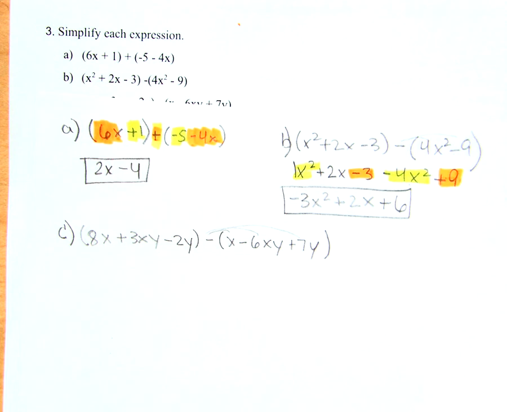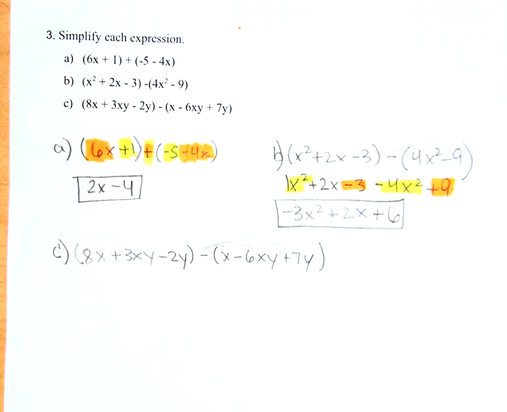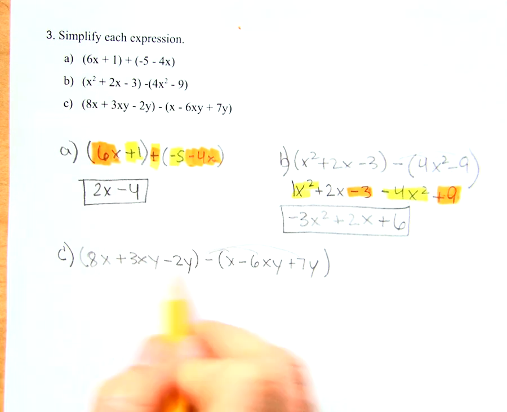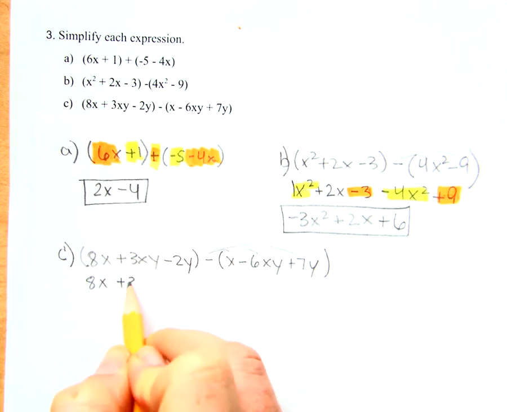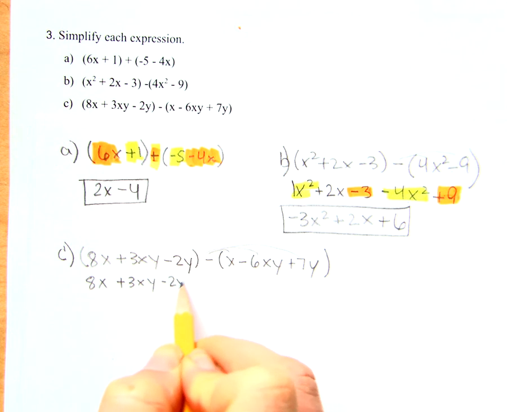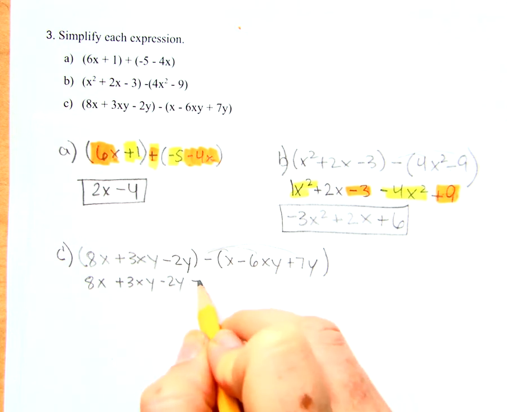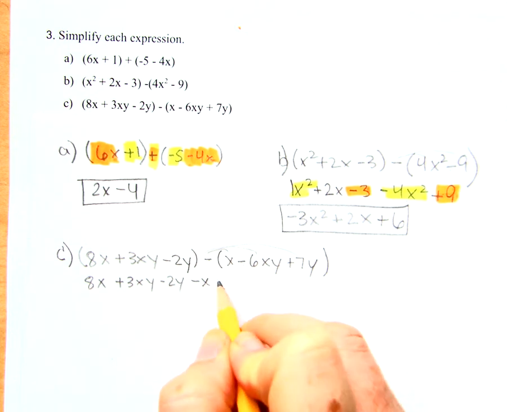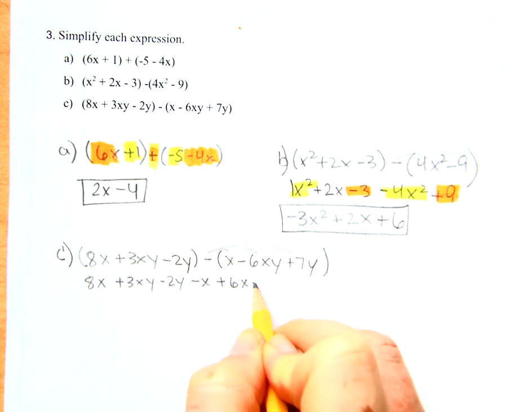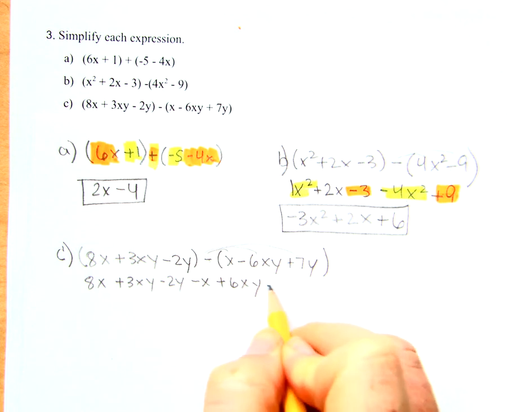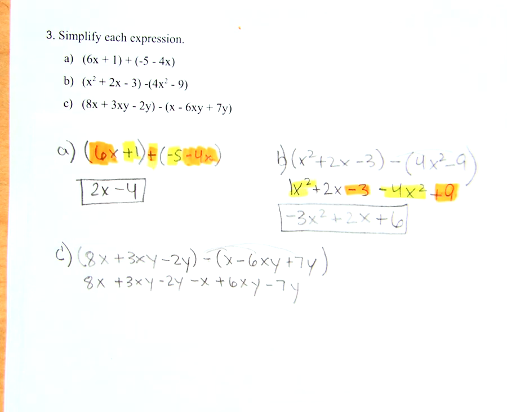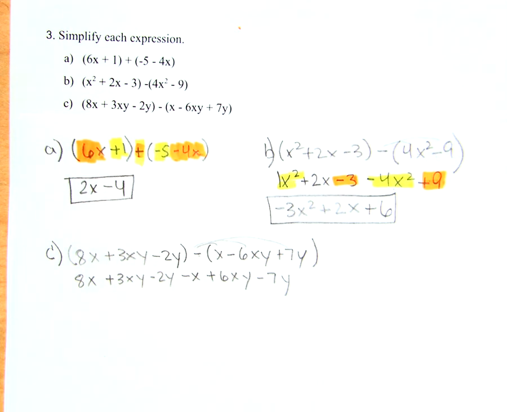So we think about it like distribute the subtraction sign. That's kind of what we think about. Okay, so we drop the parentheses. Nothing in the first parentheses changes at all. And then we have minus x. We have minus a negative. That becomes plus 6xy. We have minus a positive. That becomes minus 7y.